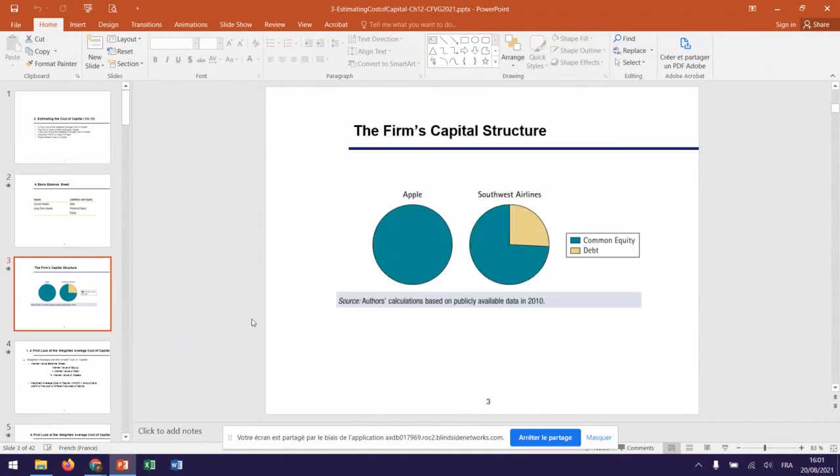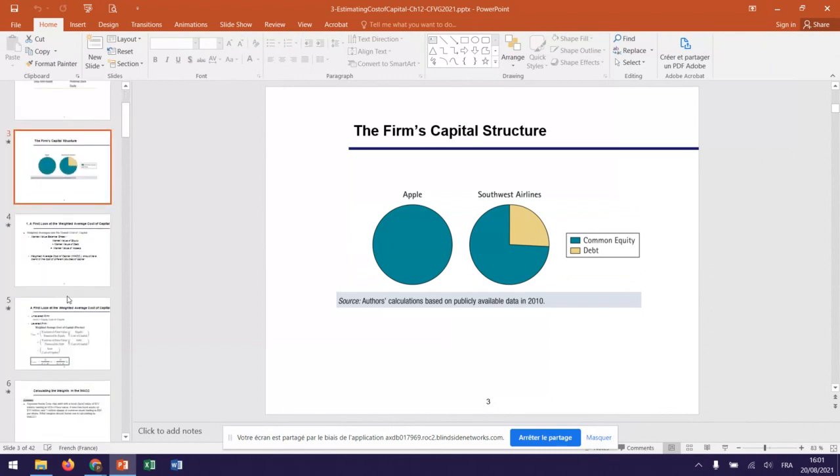For example, Apple has almost no debt. They finance everything by cash, because it's a very cash rich company, they don't have a lot of debt. Whereas Southwest Airlines has a proportion of debt. This is an example of a firm's capital structure.